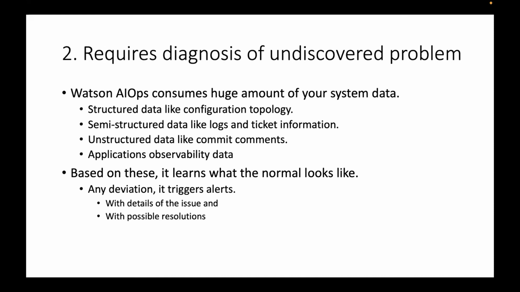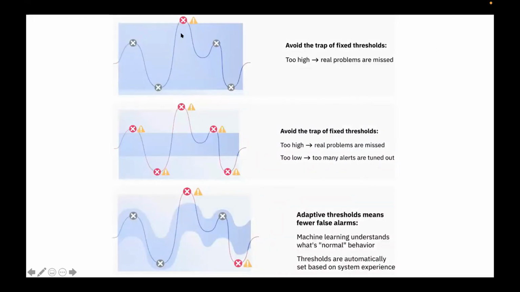If you see here, this was the traditional way of putting the threshold, right? You put some upper limit. With a high upper limit, you get very few alerts. But if you set the threshold very low, you start getting a lot of alerts. But when using Watson AI Ops, it makes use of machine learning and understands what the normal behavior is. It doesn't fall back to a static threshold.